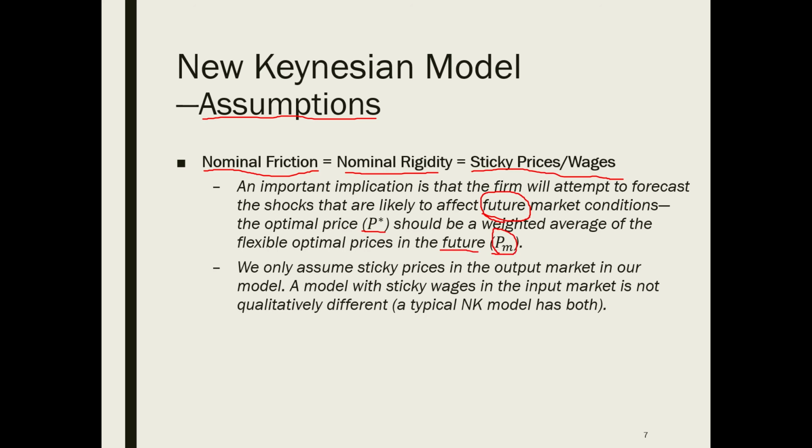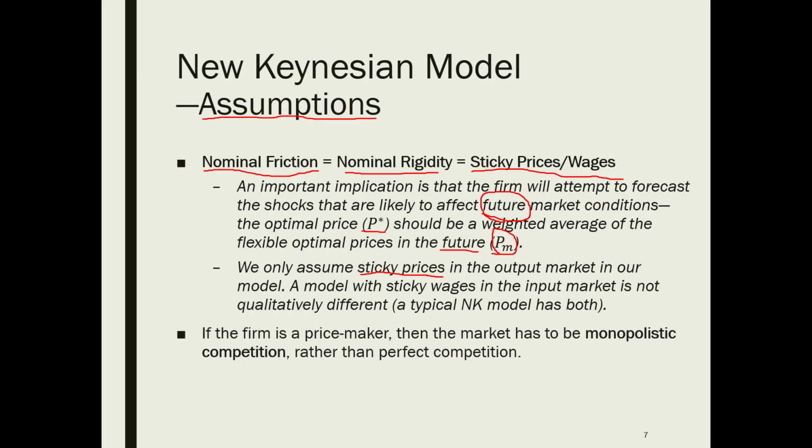To make our discussion more illustrative, we only assume sticky prices in the output market in our model, but the complete new Keynesian model has both sticky prices and sticky wages in the input market. A hand-in-hand assumption of all new Keynesian models is monopolistic competition, because if we assume perfect competition like in the RBC model, then there is no pricing power of any firm.